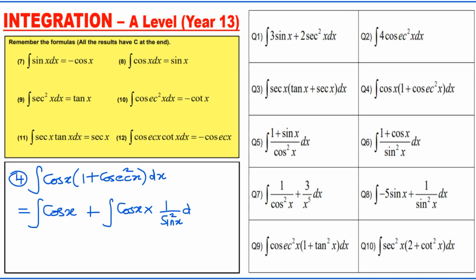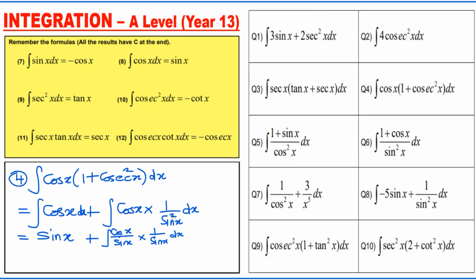You need to be clever enough to write the formula in such a way: cosec squared is 1 over sin squared. So cos x integration, I know the answer is sin x from the formula book, plus this integration is not over yet. Cos x over sin x, you can write like that, times 1 over sin x, right?